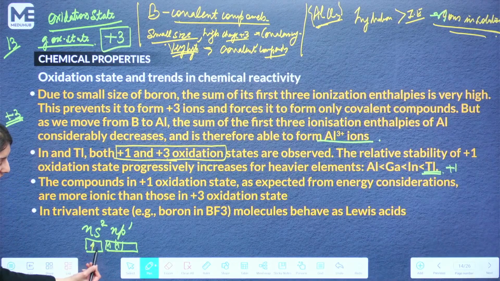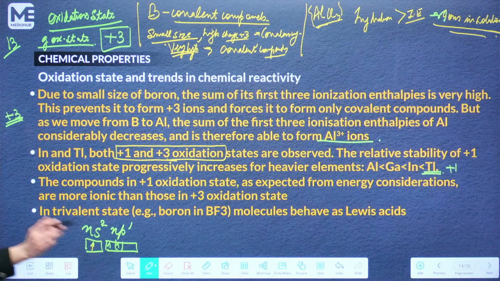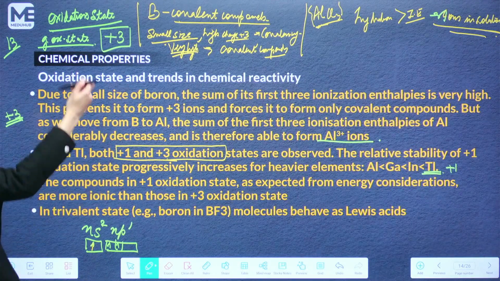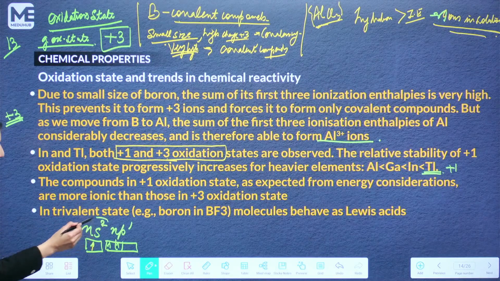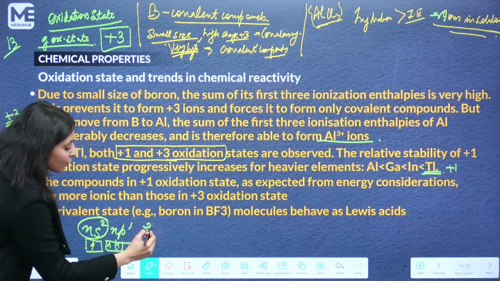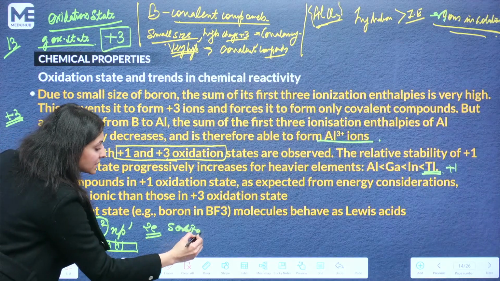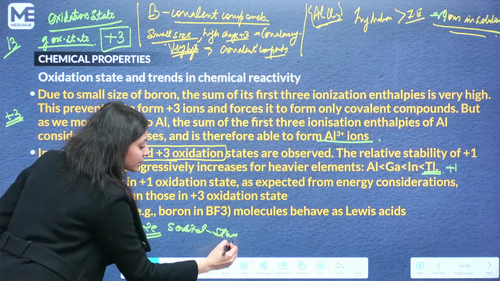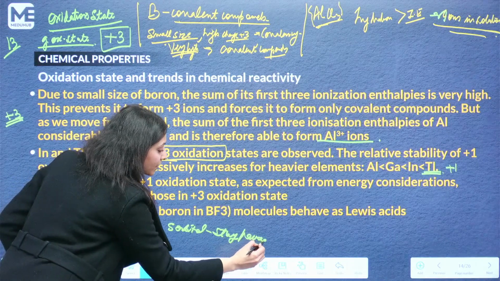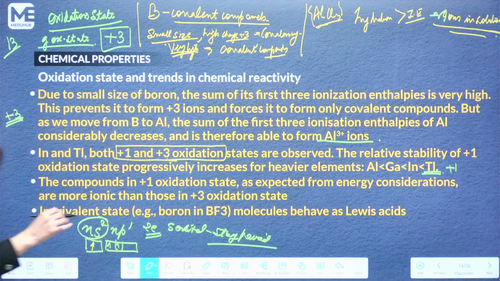So now there are 3 unpaired electrons and a +3 oxidation state will be observed. What happens when you move down the group? The ns2, the 2 electrons in the s orbital, stay paired. They do not get unpaired.